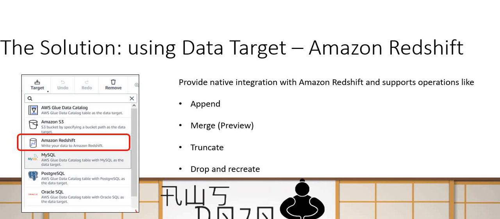And you can truncate, where you first delete all the records in the target table and then insert the records which are coming through the ETL pipeline. Or you can drop and recreate the table, where you simply drop the whole table and recreate a new table with the new records coming through the ETL pipeline.